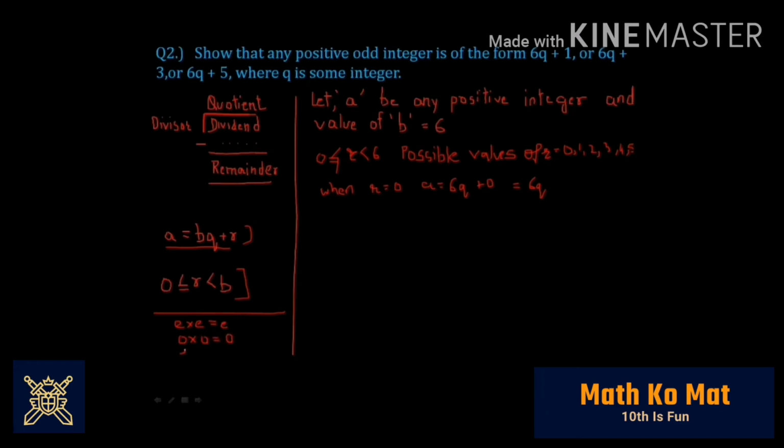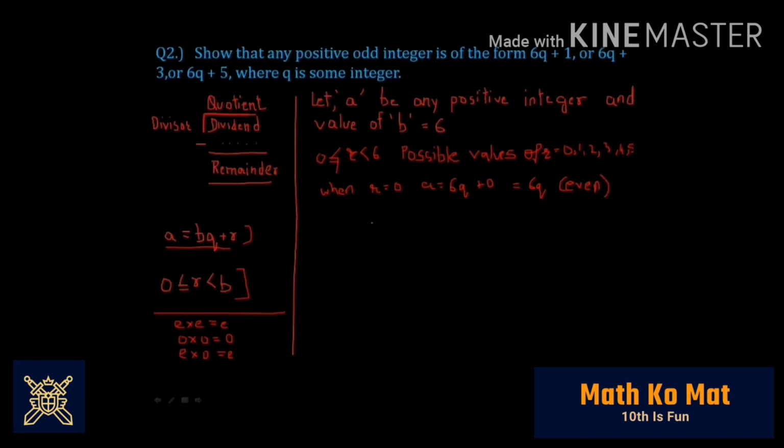And when an even number is multiplied by an odd number, the result would be even. So here, if 6 is multiplied by an even number, the result would be even. And if 6, that is an even number, is multiplied with an odd number, then also the result would be even. So when the value is 6q, then the result will always be even.